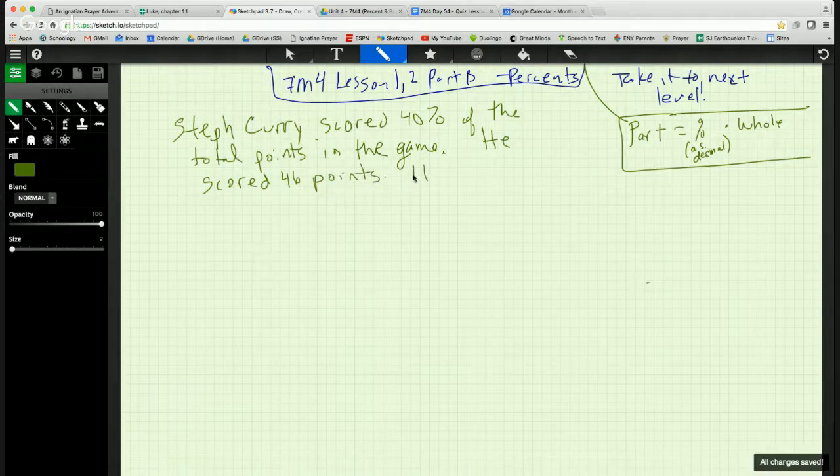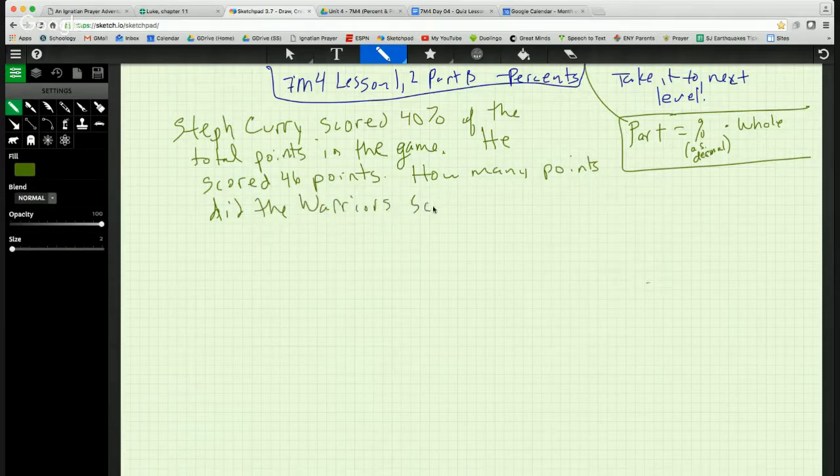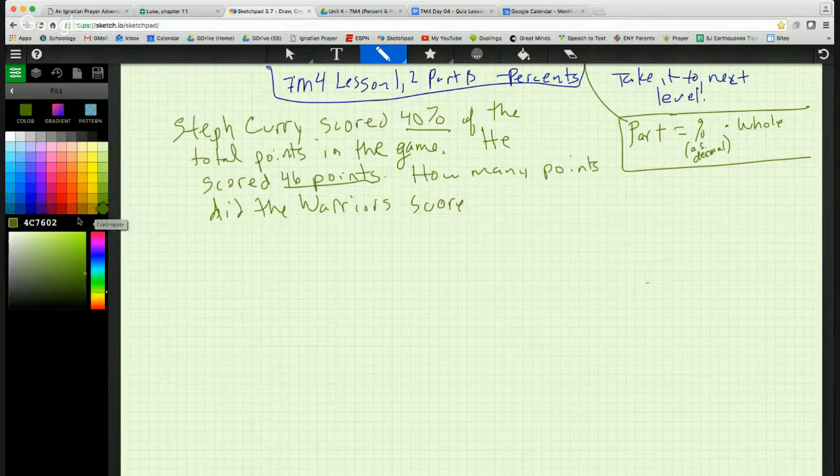So how many points did the Warriors score? So Steph is just a part of the team. He scored 46 points, and that's 40%. So let's use our equation here and see what we can come up with.